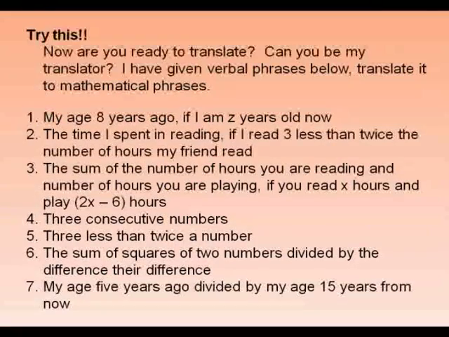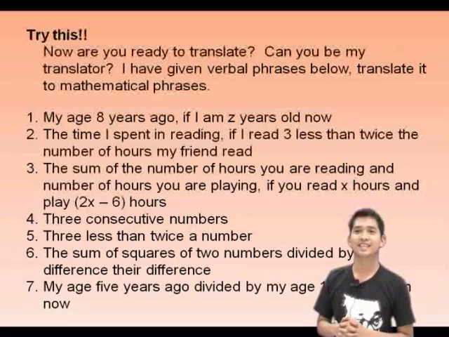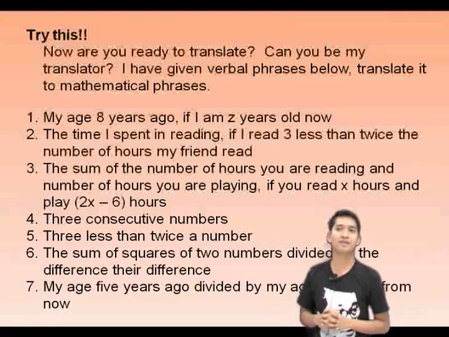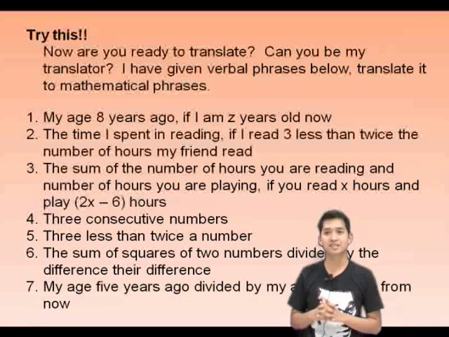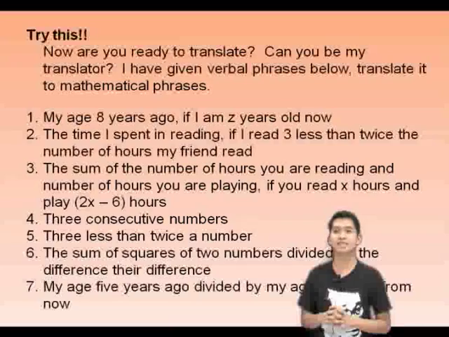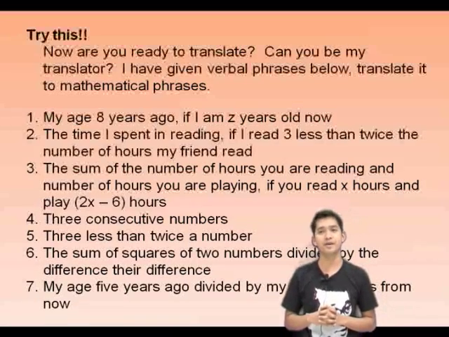I think we are ready now to translate. Now, can you be my translator? I have these different verbal phrases below. Translate them to mathematical phrases. Let's try. My age 8 years ago if I am z years old now. The time I spent in reading if I read 3 less than twice the number of hours my friend read.